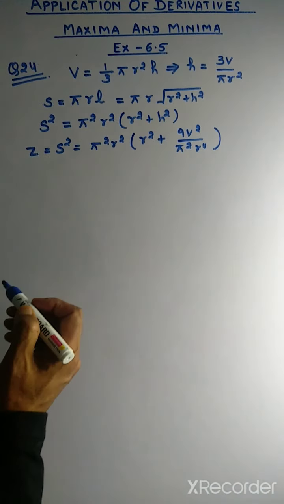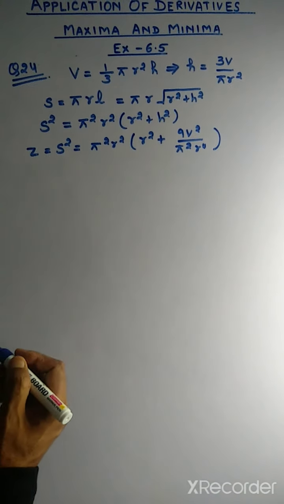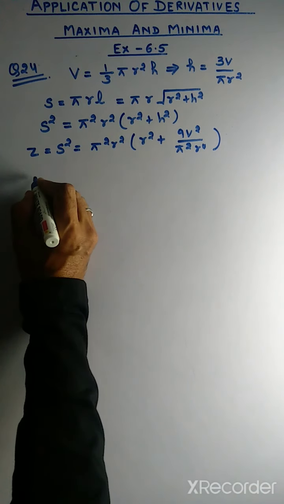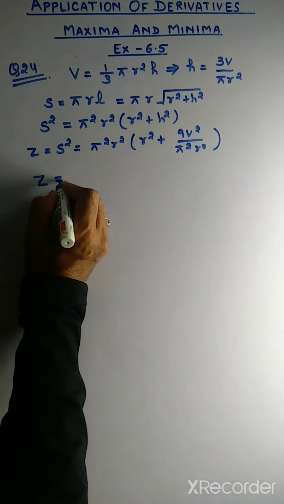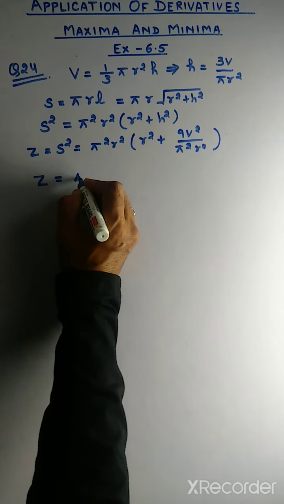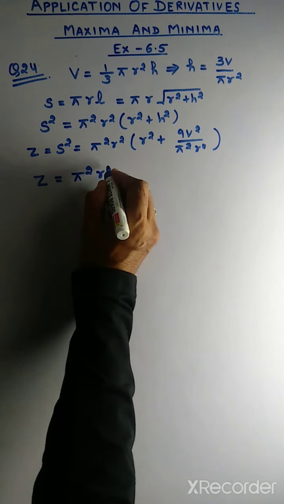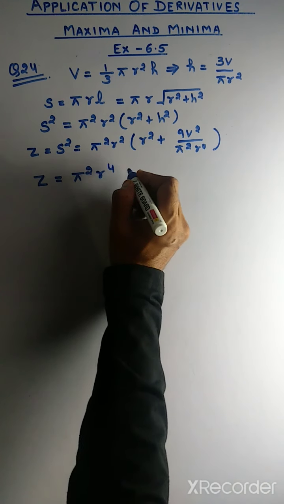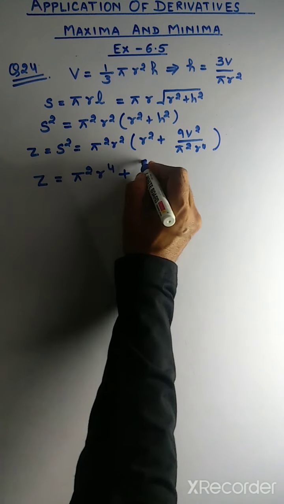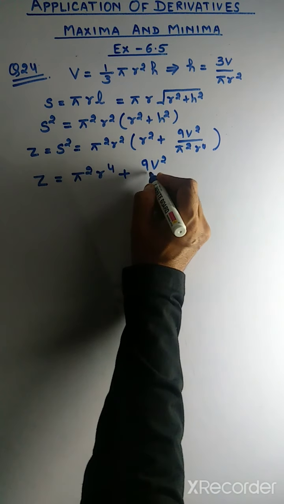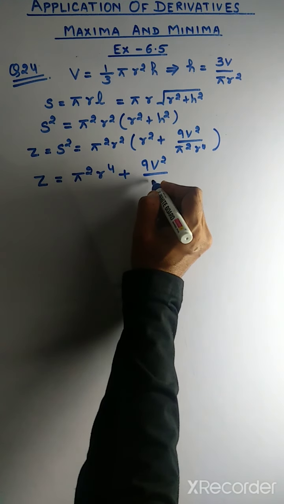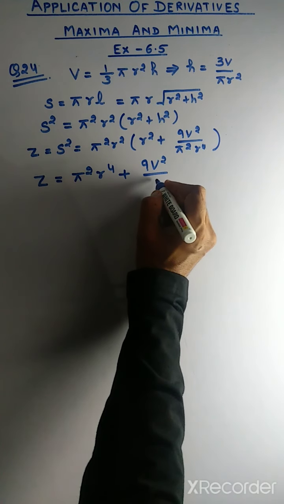If you open the bracket and solve it, z equals pi square r raised to the power 4 plus 9v square upon r square.